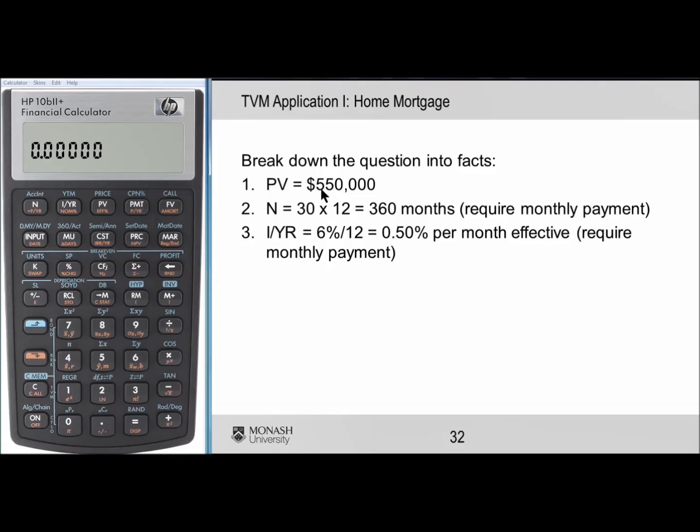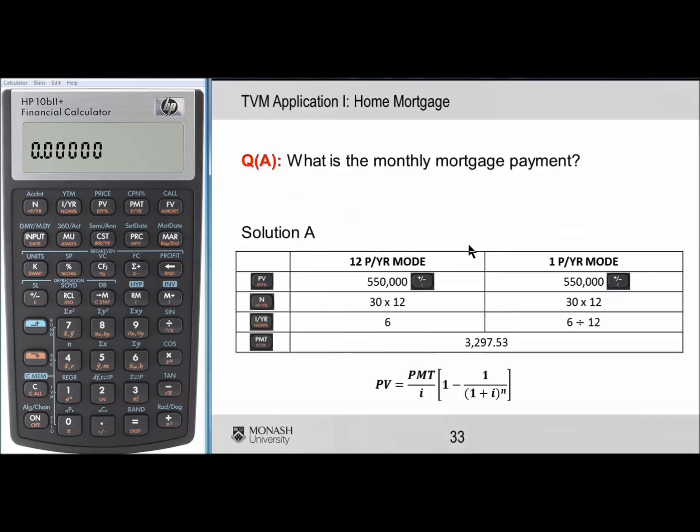And this is a 30 years loan with monthly payment. Therefore, N has to be adjusted, so we have 360 months. Nominal interest rate quoted by the bank is 6% per annum, and this is equivalent to 0.5% per month effective. So the missing variable is the payment, which is the question for part A.